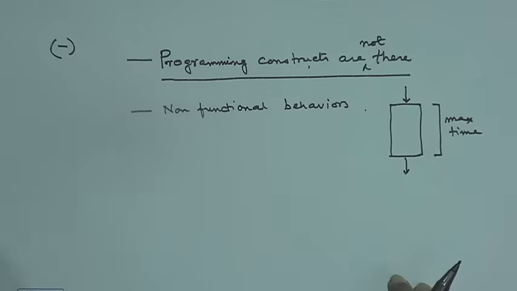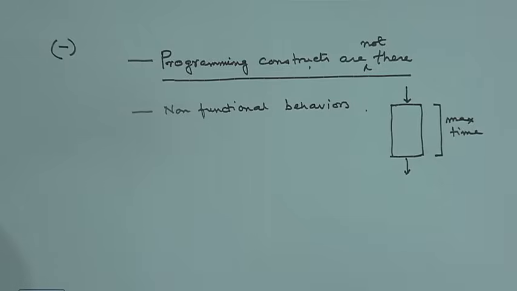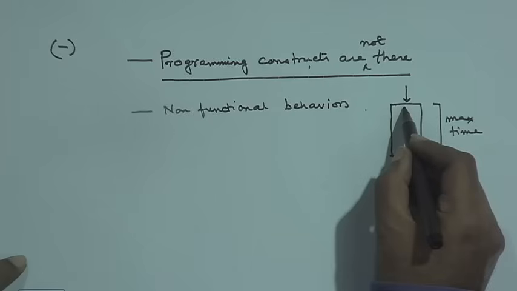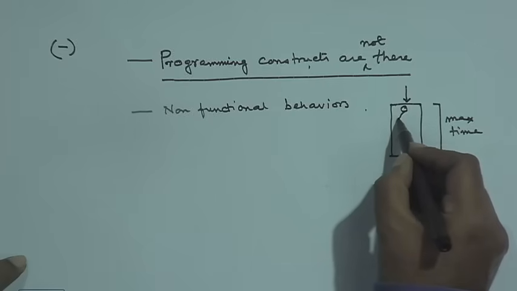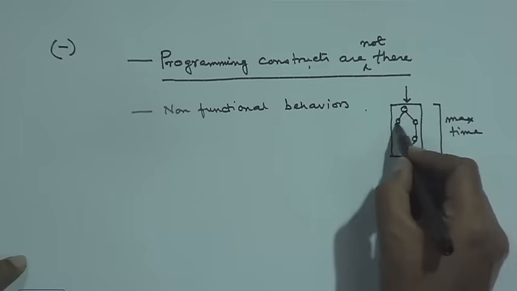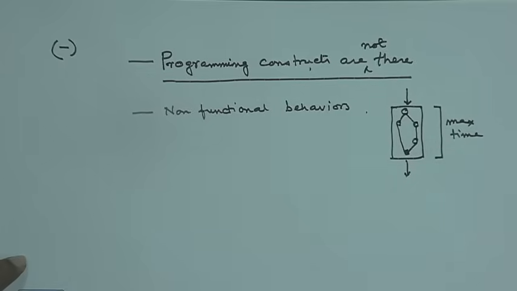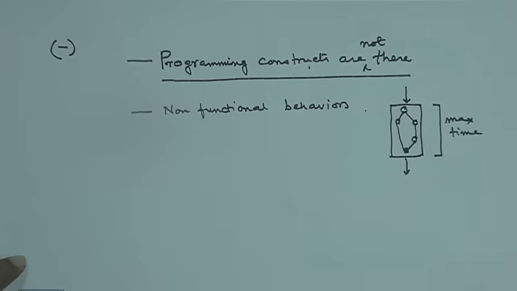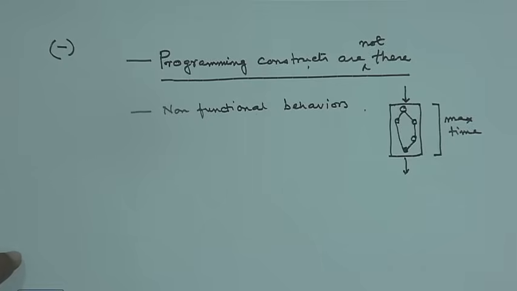We have got a timer construct saying how long the delay can be, but it is non-functional, not associated with the behavior, that for this entire task graph it will have to be completed within say 10 milliseconds. That specification is not embedded in the state chart. It can be kept in a separate file.